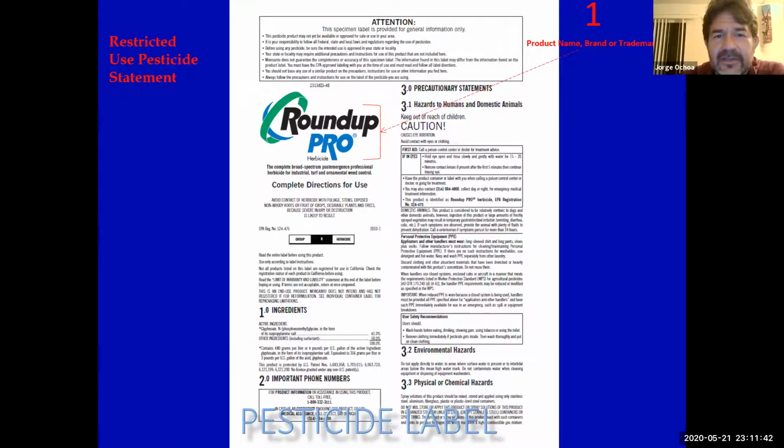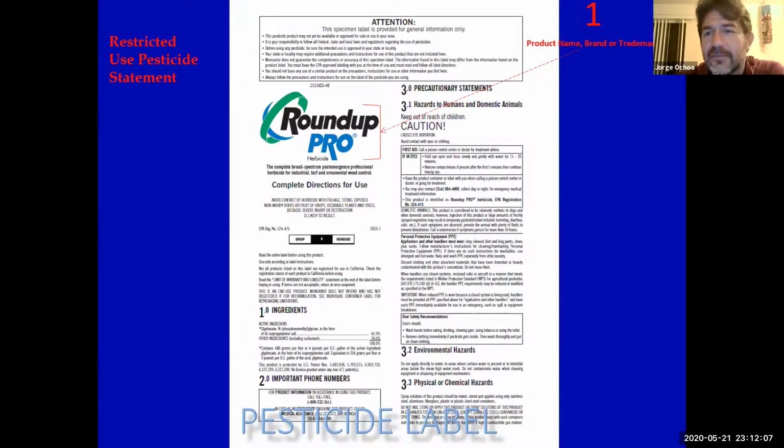It's also important that in this area, you also have whether the pesticide is restricted, or the pesticide use statement, how the product is to be used. So if it's a restricted chemical product, then you will need a license, and it will require a different process for you to be able to use that.